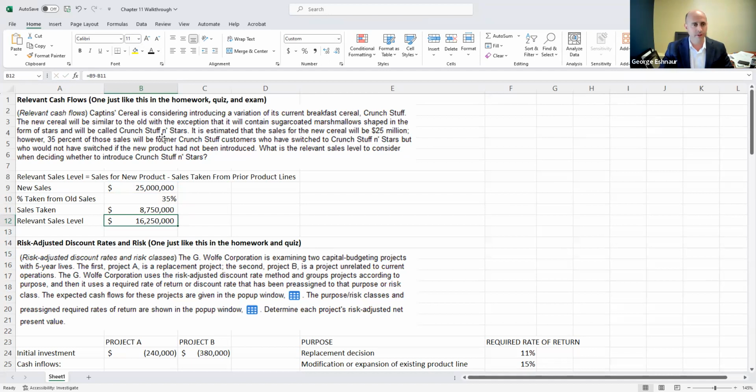It doesn't take very long to figure out, but we started with our base. To gain that 25 million, we're going to take 35% of that from the other category of crunch stuff and stars. So the sales taken from that group is here. Even though we have new sales of 25 million, our relevant sales level for our new product is only 16.25 million, which is still a good margin.